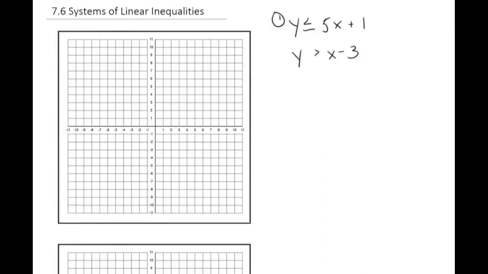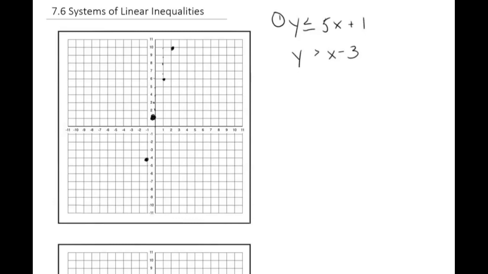For the first inequality, I'm going to start at 1 on my y-axis, and my slope is 5. So I'm going to go up 5 and over 1, up 5 and over 1, maybe down 5 and over 1.